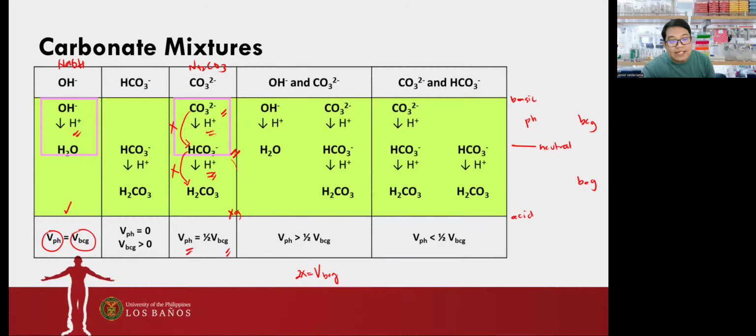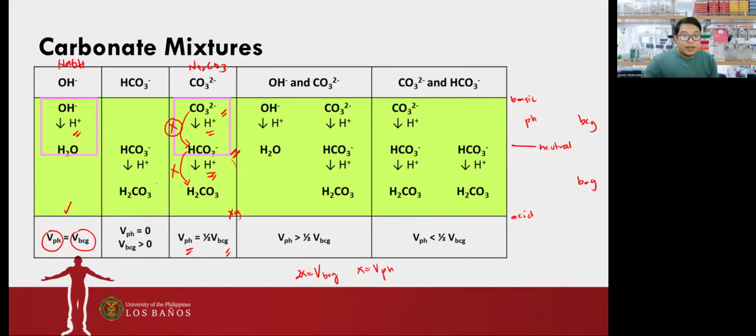Tapos kanina, we established that when all carbonate ions are converted to bicarb, dapat X din yun, di ba? So yung X naman ay yung sa VPH. Kaya dapat ang relationship natin is if VPH is equal to half VBCG, which just means that the composition of the mixture is just carbonate ion or sodium carbonate.